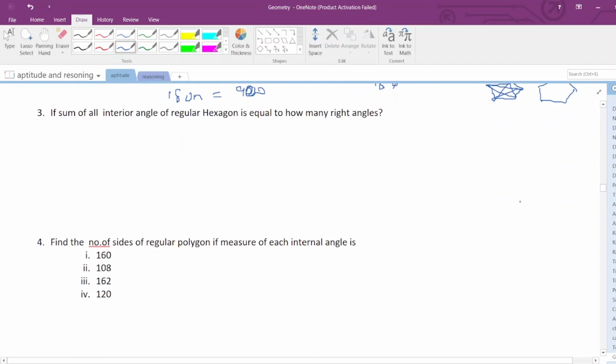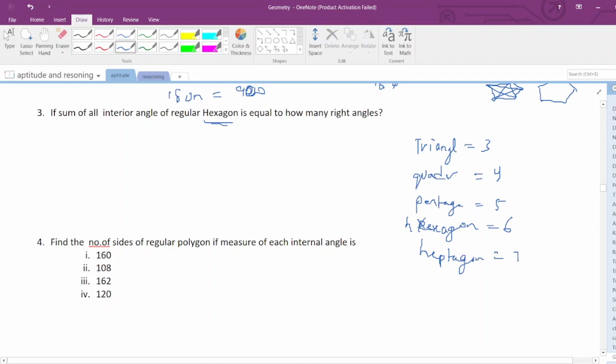Now see another question. If the sum of all interior angles of a regular hexagon, they are asking. Here they are asking about a hexagon. I don't know how many shapes or how many sides a hexagon has. The sum is equal to how many right angles, they are asking. First of all, the word I don't know is hexagon. See, let's suppose we take a triangle, it has 3 sides, right? A quadrilateral has 4 sides. Pentagon is 5. Hexagon is equal to 6. Heptagon is equal to 7.